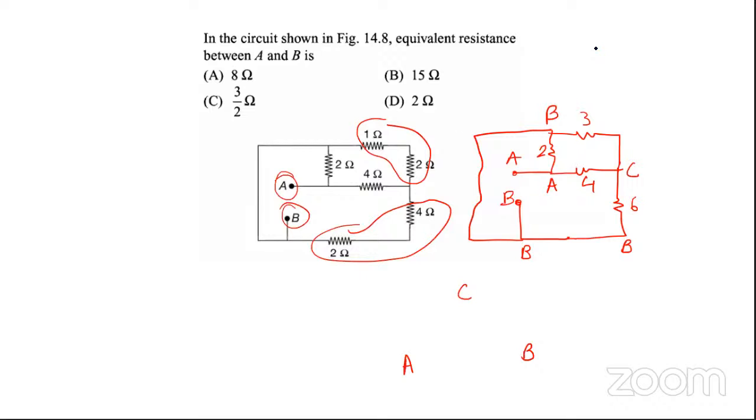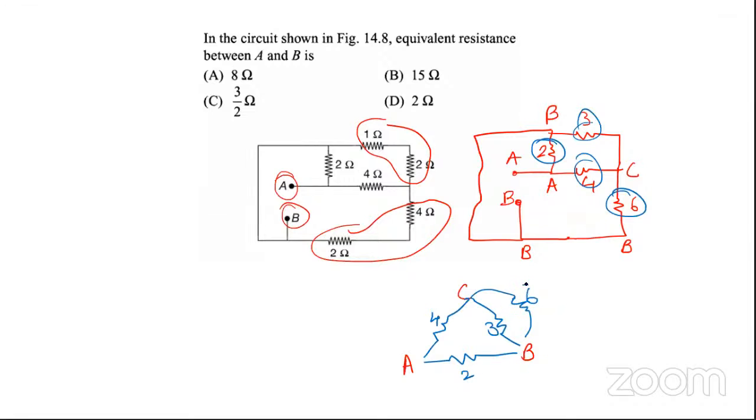You can ask later on. From A to B, we have a 2 ohm resistor. From A to C, we have a 4. From B to C, we have a 3. And again from B to C, we have a 6.